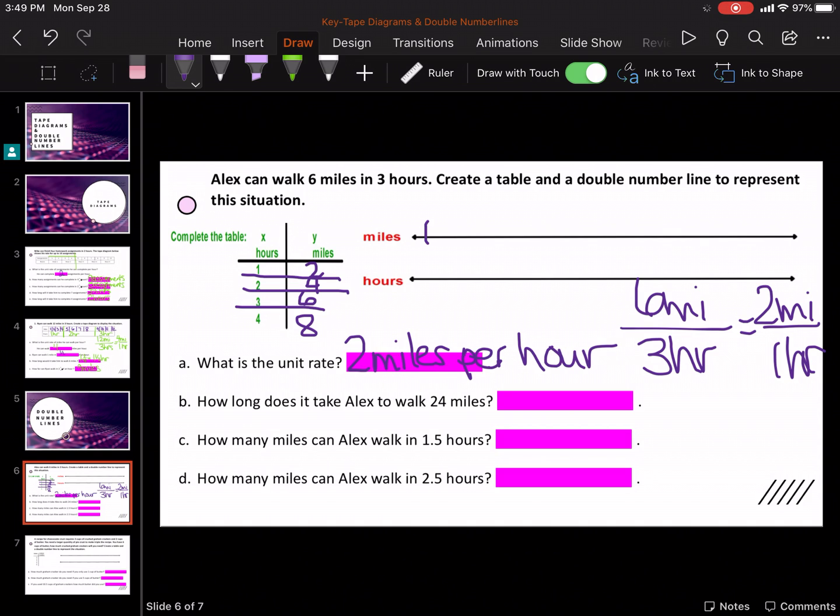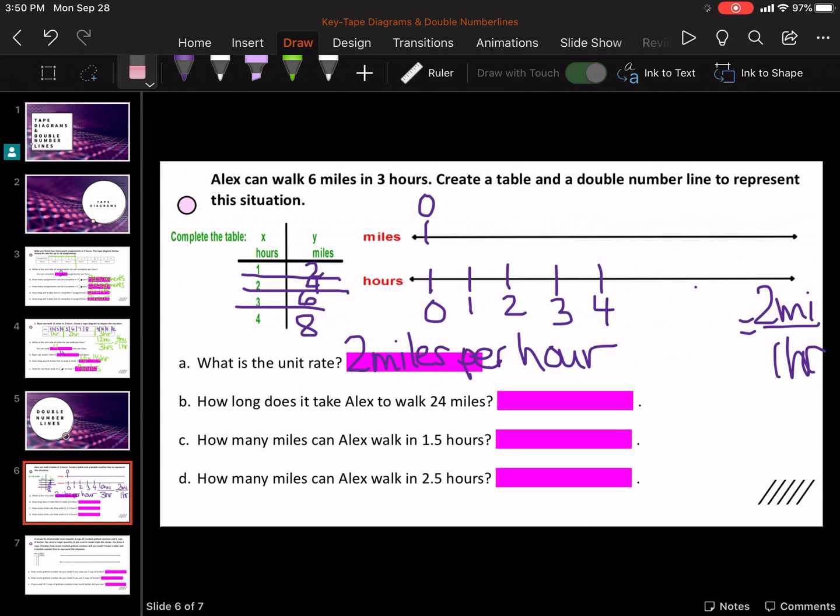So you always need to start with 0, 0, okay? And then you can go up. We know that it's gonna go up. We need to do a few up for sure. So 1, 2, 3, 4. Here, I'm gonna move this down. It was 6 miles in 3 hours.